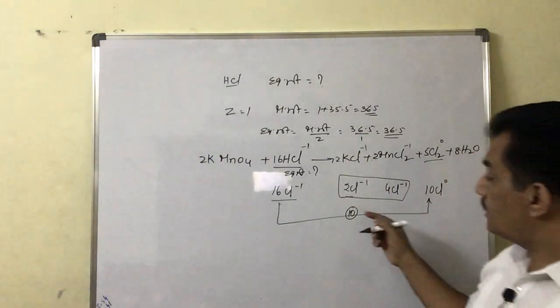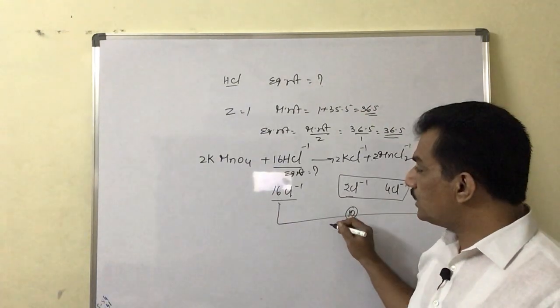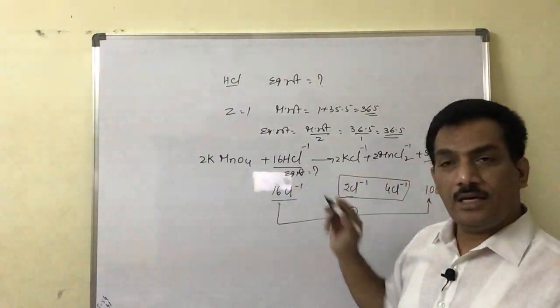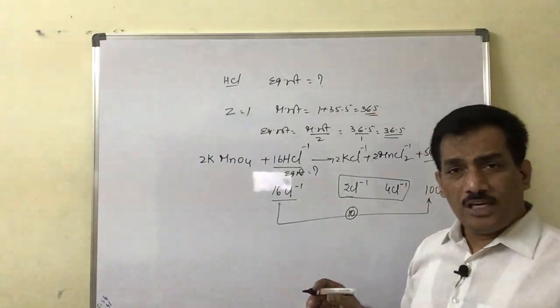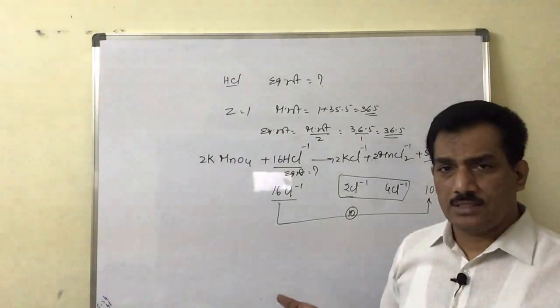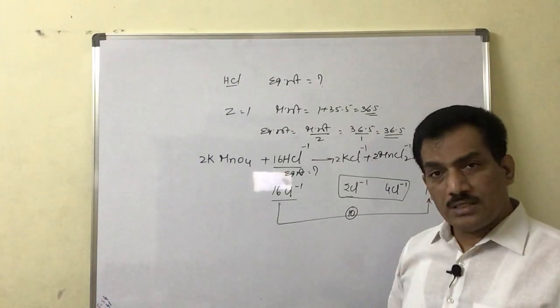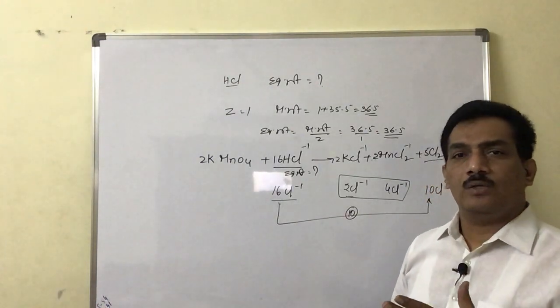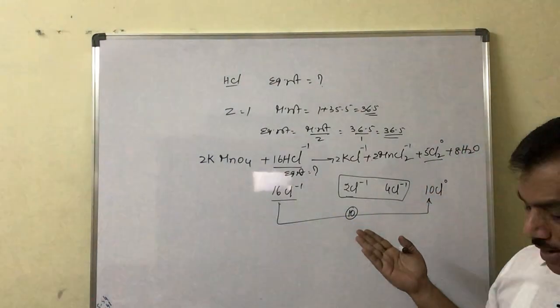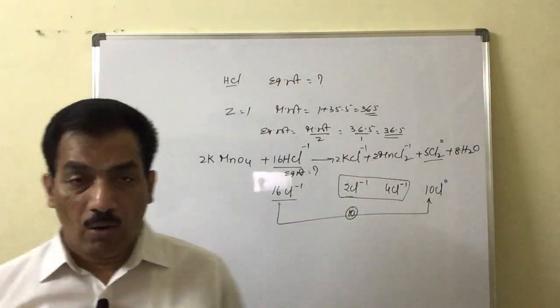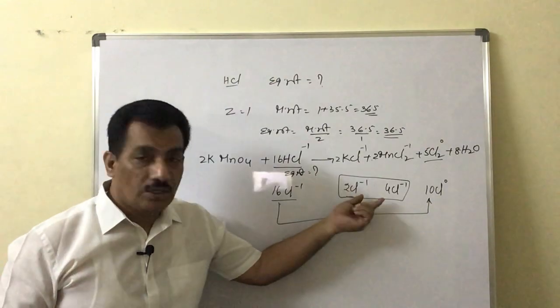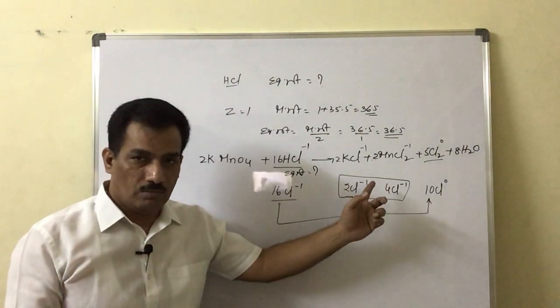And in case of 10 units of change, is it possible to balance the equation by taking only 10 units of HCl? No. For balancing the equation, we should use 16 HCl. But in those 16 HCl, only 10 HCl molecules are changing their oxidation state. All the remaining chlorides are retaining their oxidation state. So without these 6, it is not possible to balance the equation.